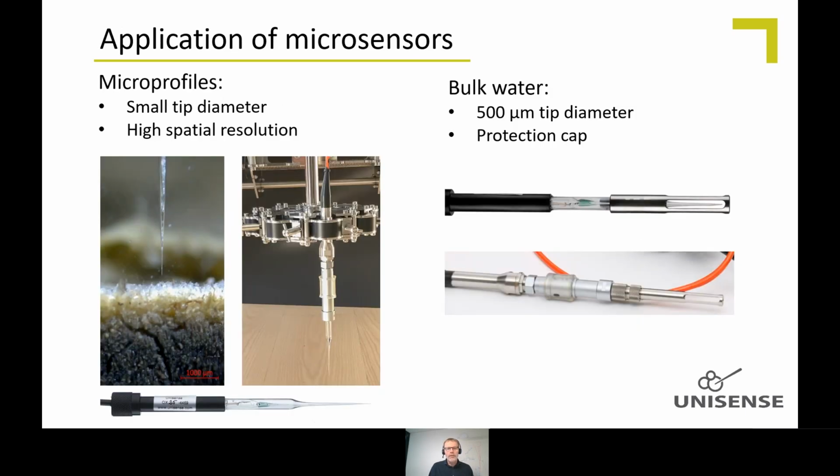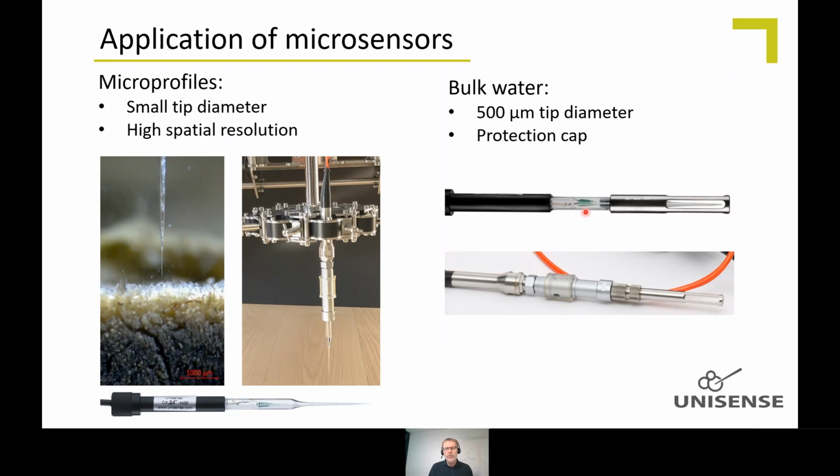If you want to take microsensors into the sea, you might want to measure microprofiles. You will need small sensors with small tip diameter to get a high spatial resolution. Shown here is a microsensor on an in situ connector on the in situ amplifier mounted in the mini profiler.